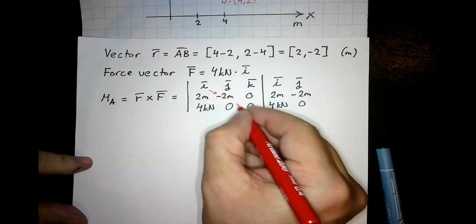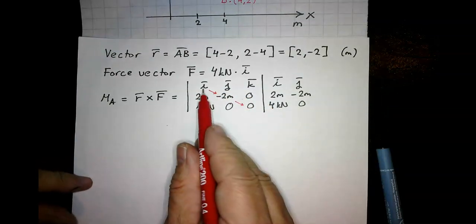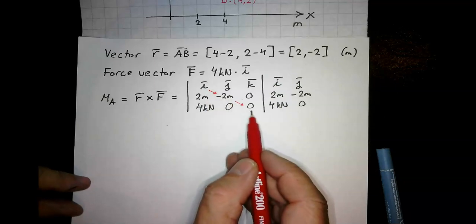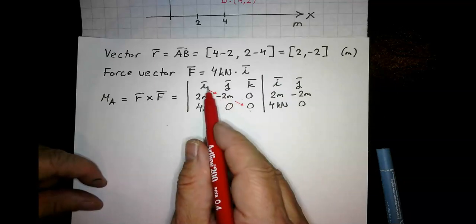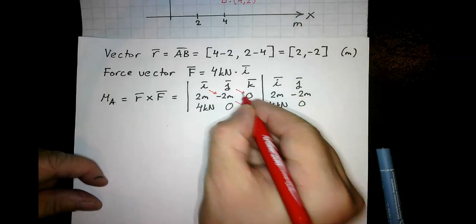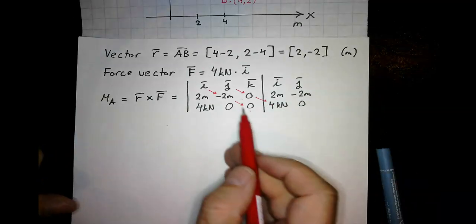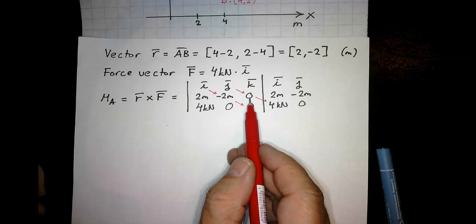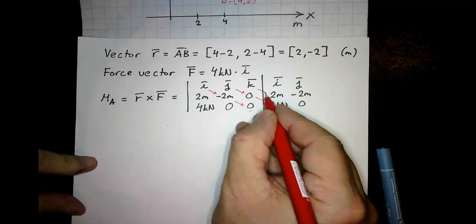First we take this positive direction. We see that this first multiplication will give us 0 because there is 0 in one of those components. Here again we get 0 because the second component is 0. What about here?